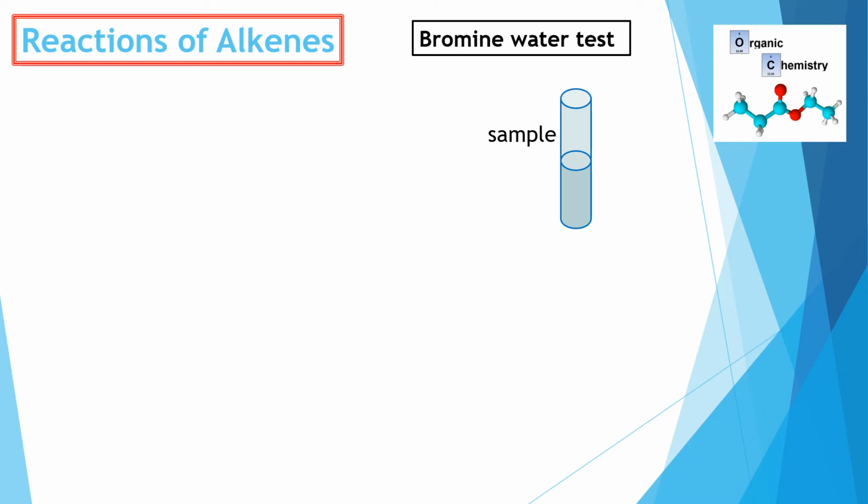Well, when we take a sample of alkene and we add our bromine water, it goes orange, but as soon as we shake it, it changes color straight away. Now, when I say straight away, it's going to be within 5 seconds. That straight away color change is a definitive test for an alkene or possibly an alkyne. It's a test for unsaturated compounds.